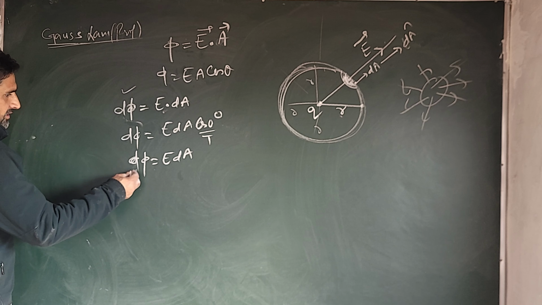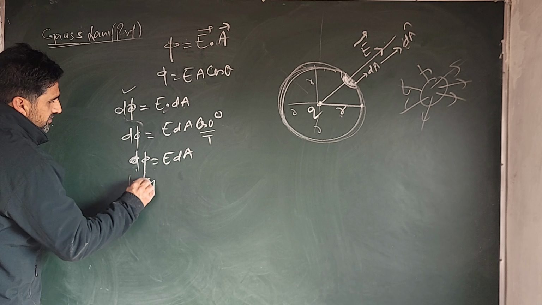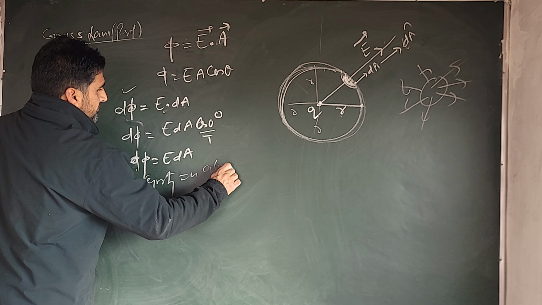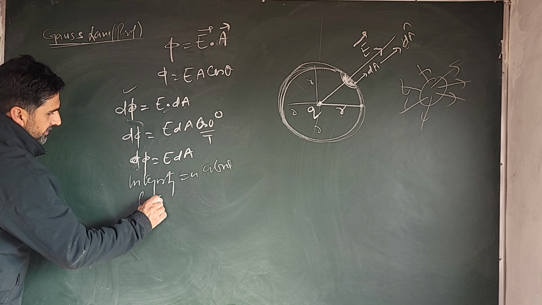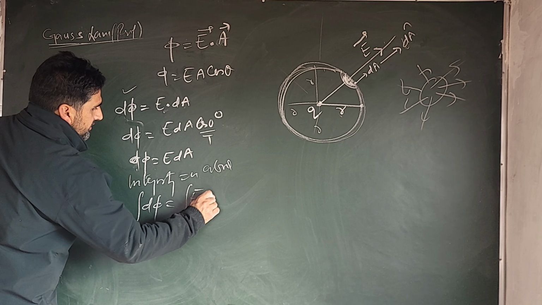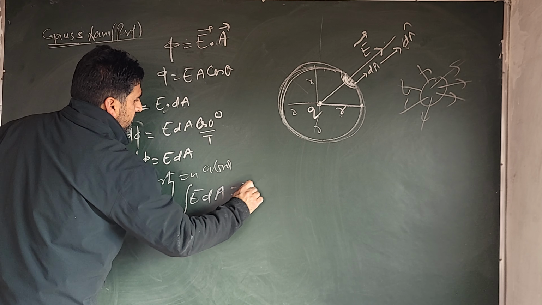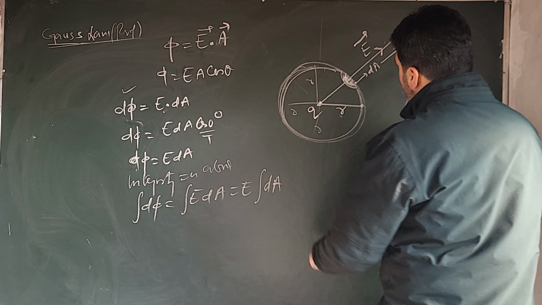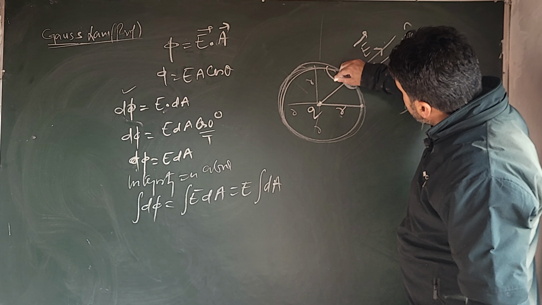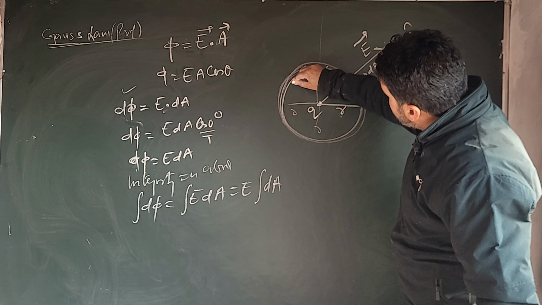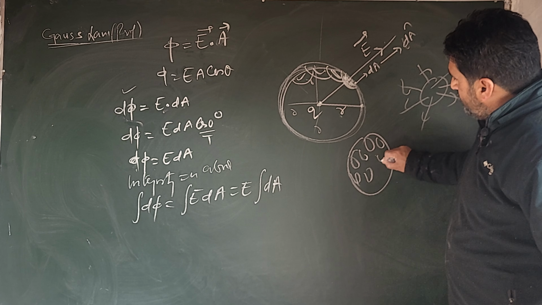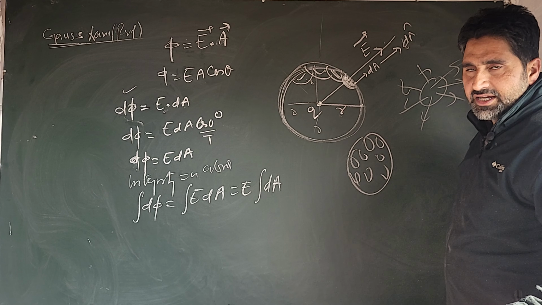Now, integrating the equation above, we get integral d phi is equal to E times integral dA. Obviously, dA is a small surface area element. If I take the elements from the whole sphere, we get the total area of the sphere.